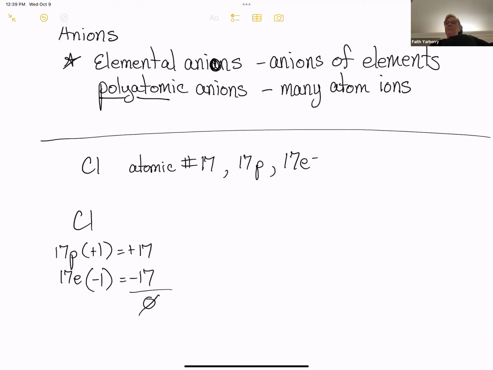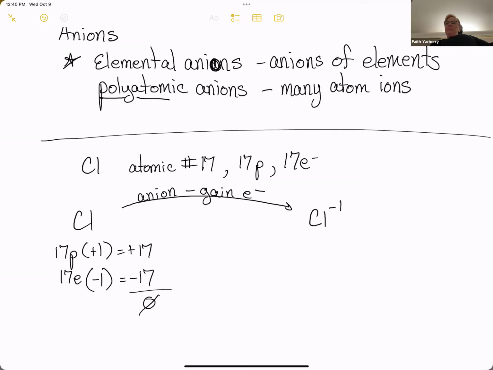Now, chlorine is a non-metal. Your non-metals and metalloids form anions. So chlorine is going to form an anion, which means that it's going to gain electrons. Chlorine, when it is an anion, is in group 17, so its charge is -1.